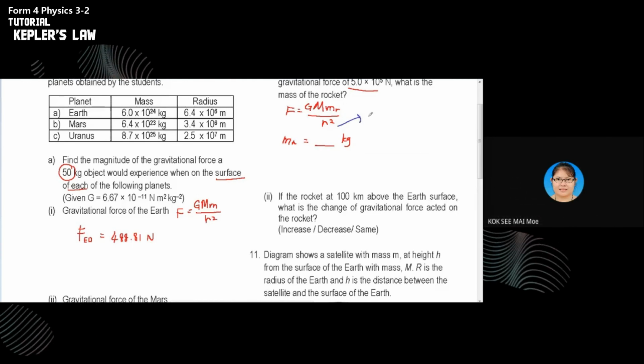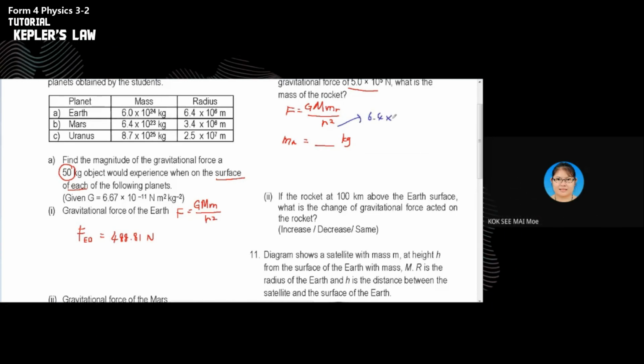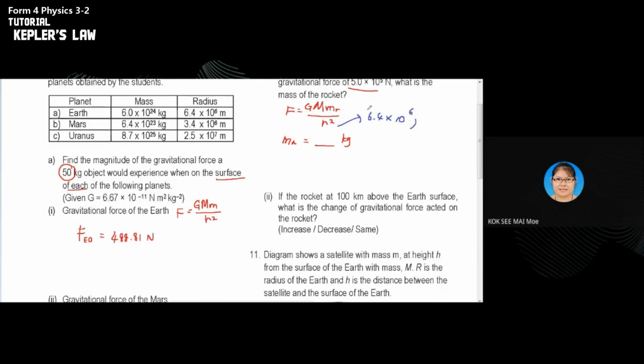This one radius is 6.4 times 10 to the power of 6. Then you need to square.